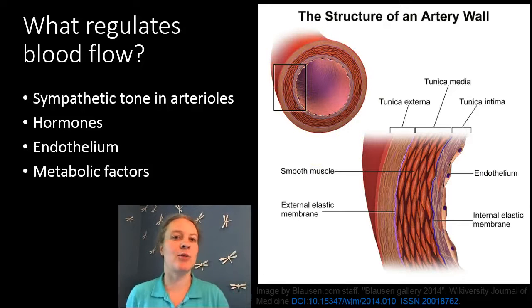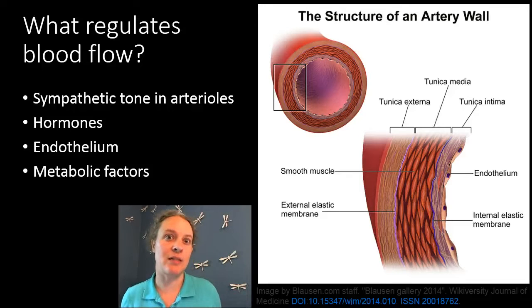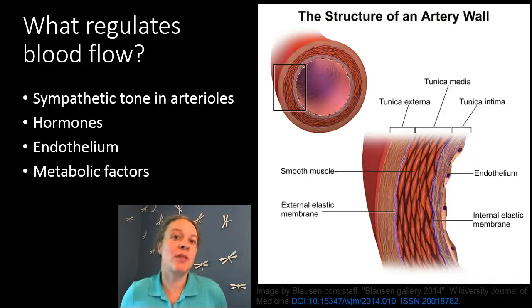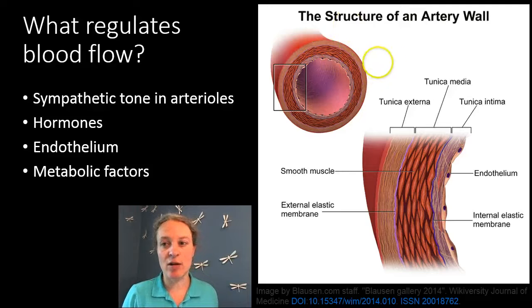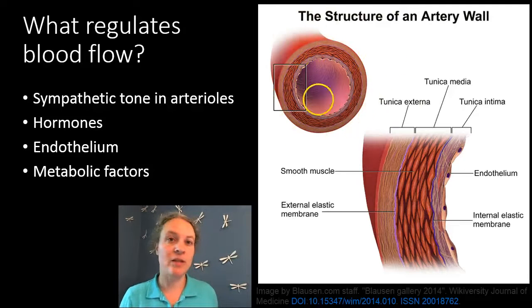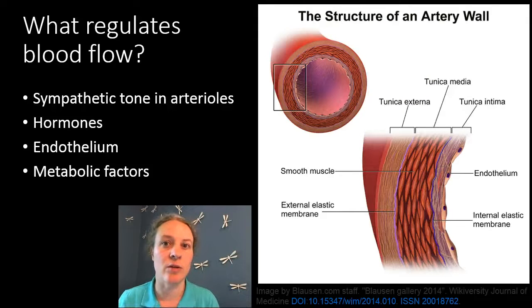And what I mean by that is, let's say this is an arteriole, and it is leading into skeletal muscle, and you're exercising, you're out on a run. That skeletal muscle is undergoing a lot of metabolic processes, and it's producing more waste than normal. And so the waste products, carbon dioxide among others, will start to build up in the tissue around these arterioles that are serving the skeletal muscle.